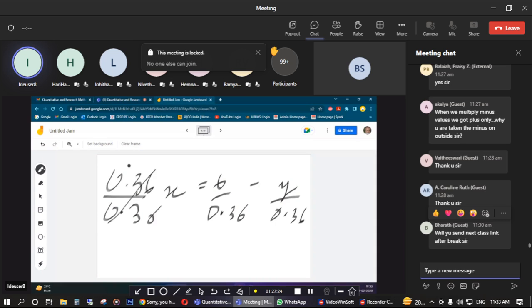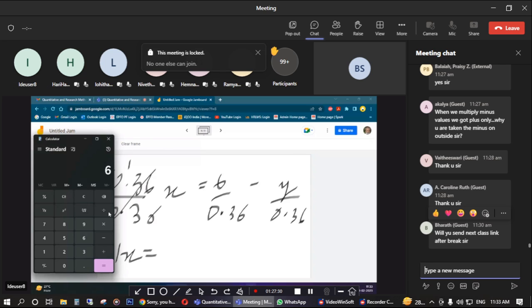Now this will become 1. Correct? So it will become 1X is equal to 6 divided by 0.36, which is 16.66.